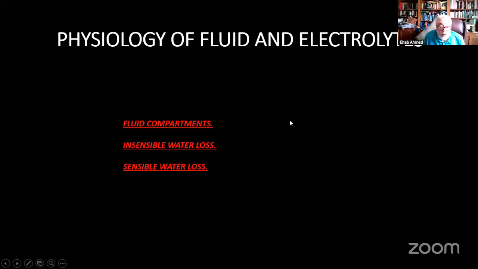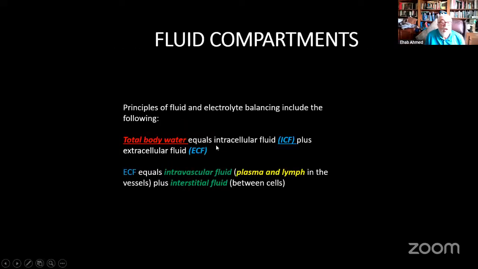So we should know what are the fluid compartments. This is for any and every baby. What is the insensible water loss? What is the sensible water loss? So we have total body water, which is a high percentage in the newborn baby, especially in the preterm, and definitely in the fetus.